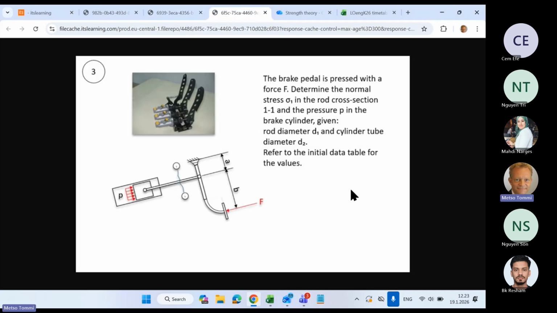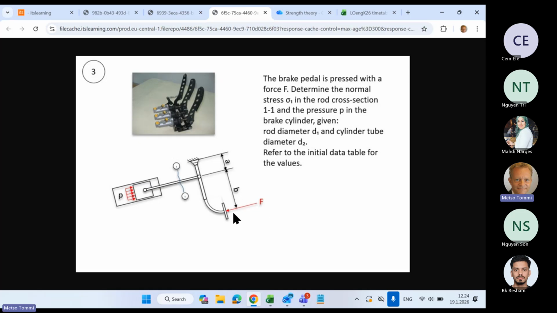And the last one, there is a brake pedal, and we know this force F with which the pedal is pressed.